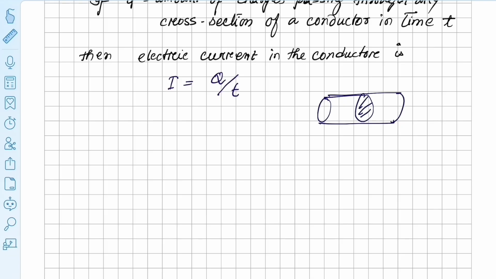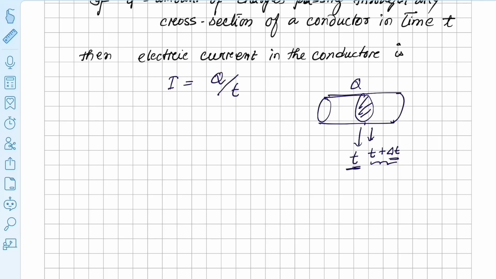Suppose in time t seconds, Q amount of charge flows through this cross section, and after t plus del t seconds, that means del t after t, the time interval between these two instants is very small, del t.